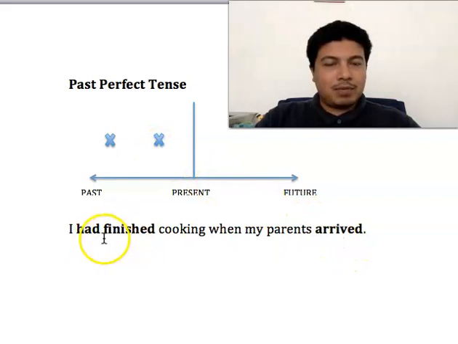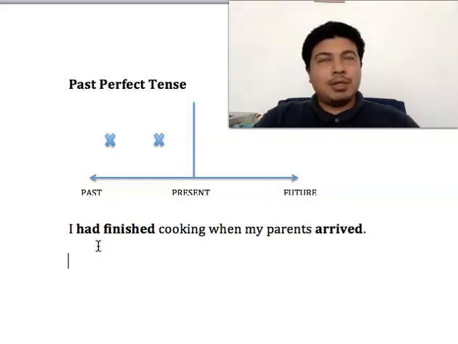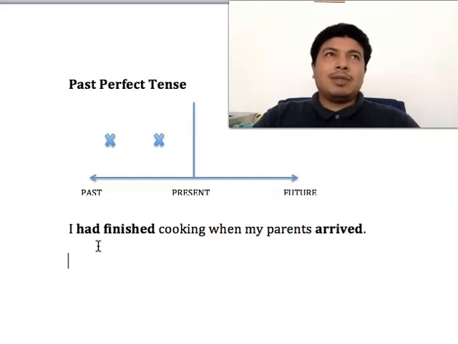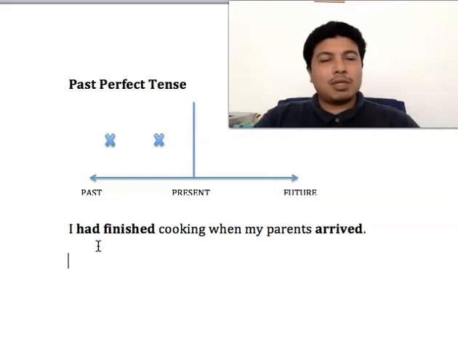So the one that happened earlier would be past perfect tense. If you have a situation where two things happen in the past and you want to mention them in a sentence, you use past perfect tense. So what is the rule for past perfect tense? You have the word had plus past participle.